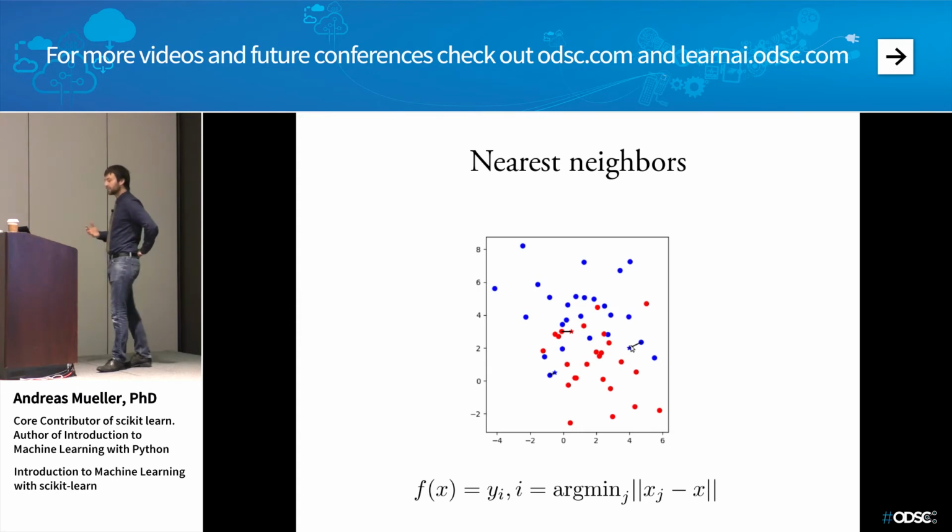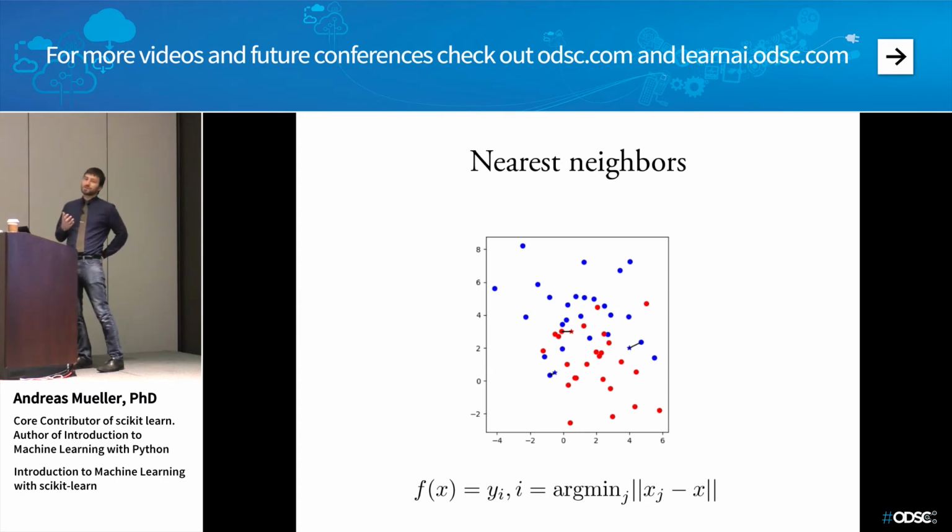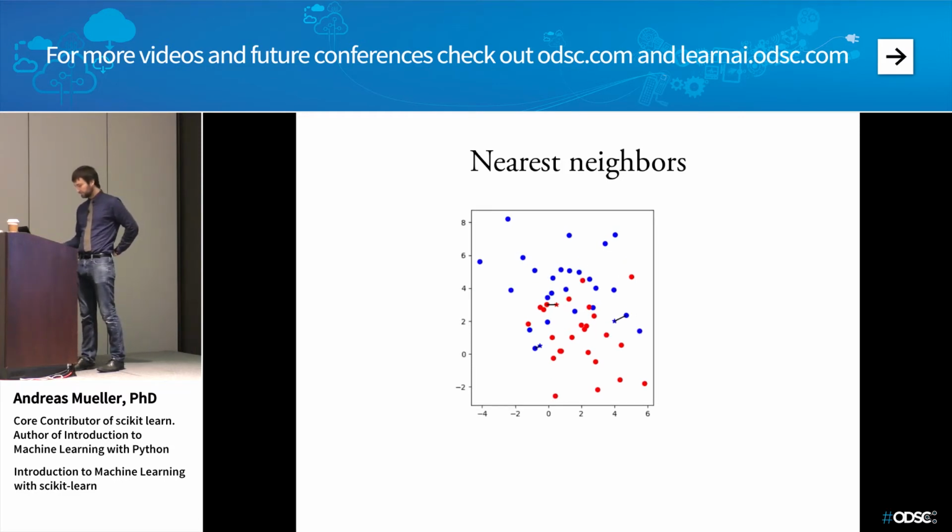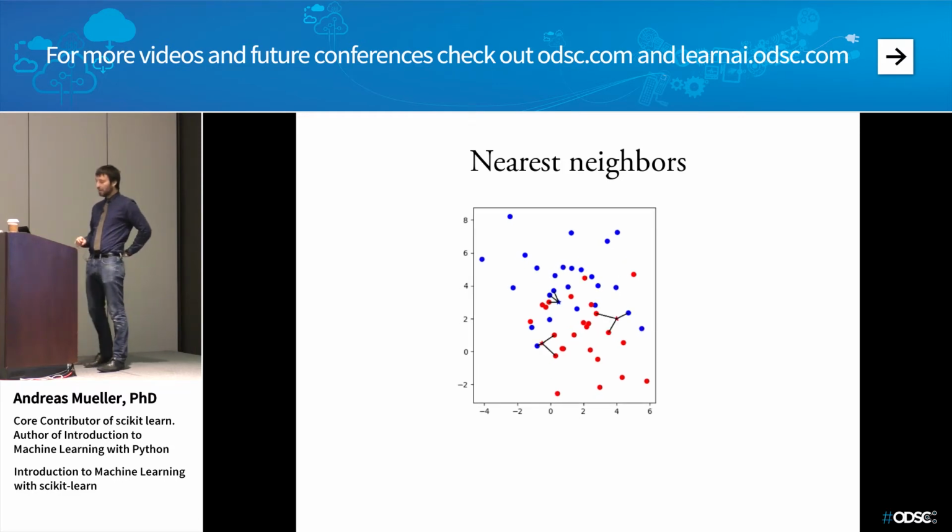Now you can generalize this and say, what if I don't look only at the single nearest neighbor, but at the 3 nearest neighbors? Now I can look at, for each data point here, what are the 3 nearest neighbors? OK, 2 are red, and 1 is blue. So now I can let them vote. It's 2 versus 1, so I label this one red.